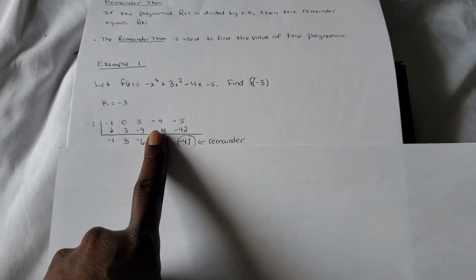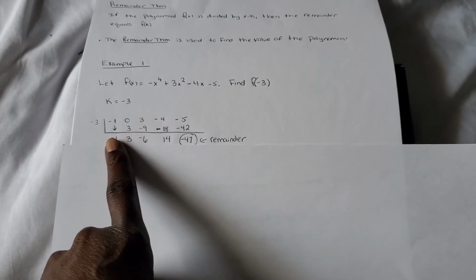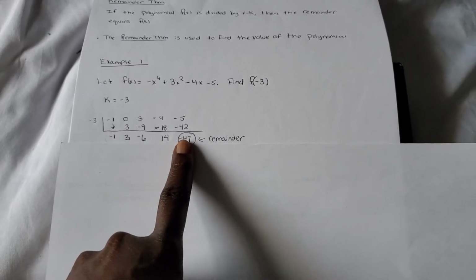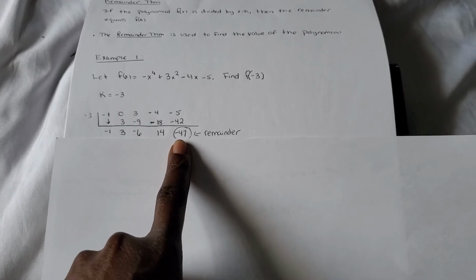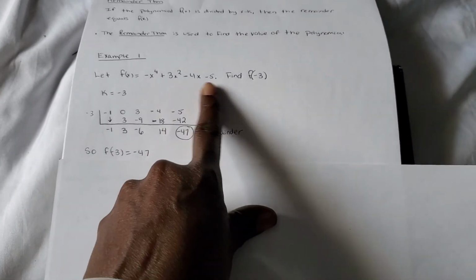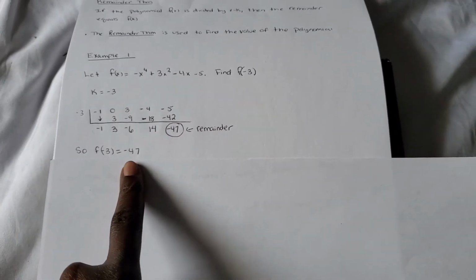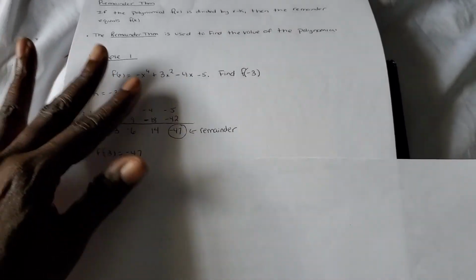So negative 4 plus 18, you get 14. And then 14 times negative 3, you get negative 42, with the remainder of negative 47. So the value of this polynomial at f of negative 3 is negative 47.